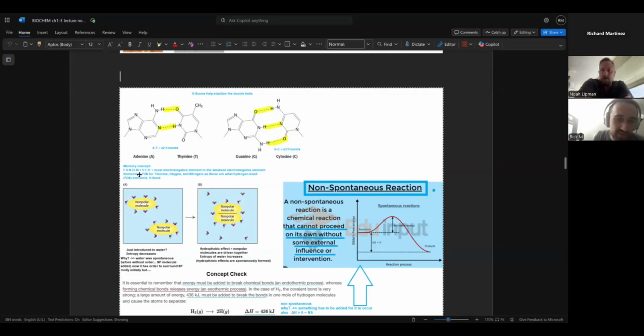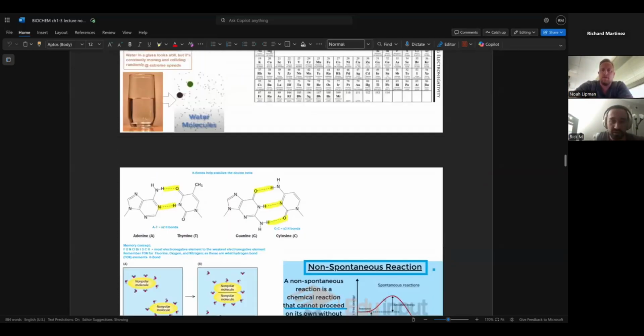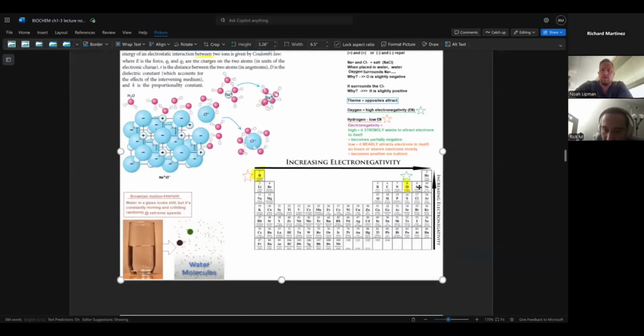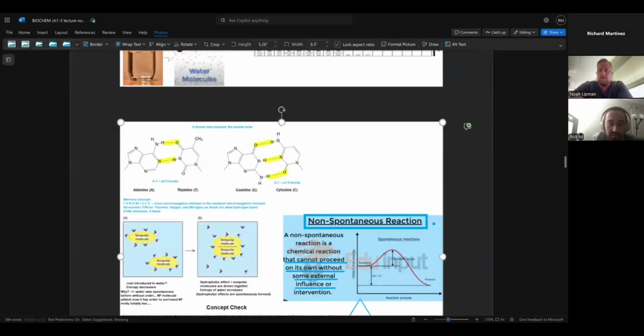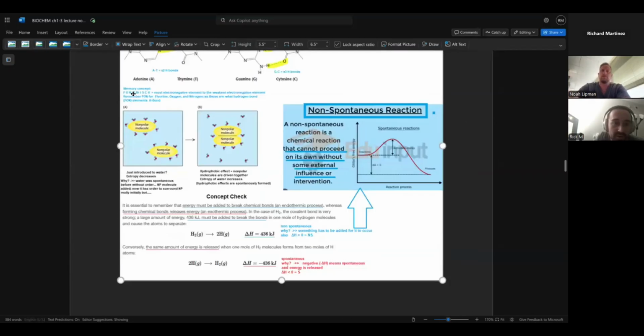It goes by electronegativity, but FON, if you just remember, those are the only elements that form hydrogen bonds. F right here, O, and N. That's it. FON. Then chlorine, Br, bromine, iodine, and so on. Just follow it down.